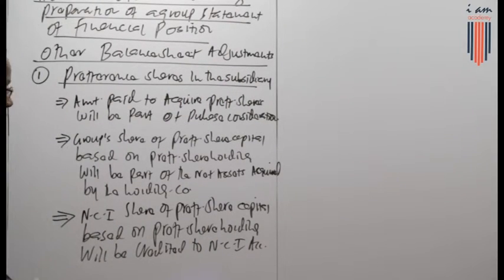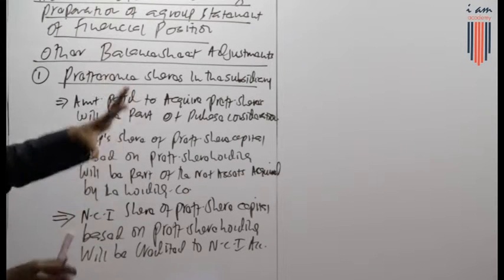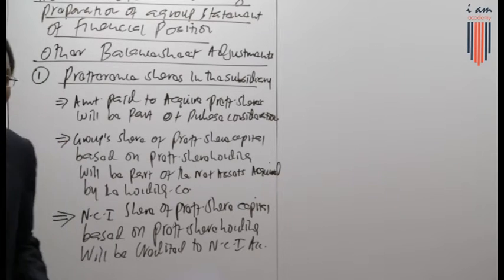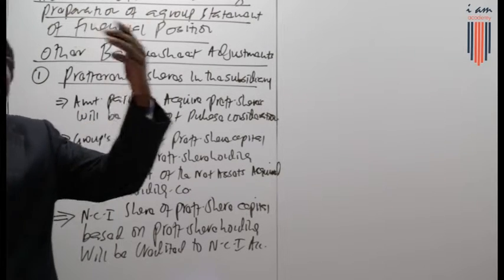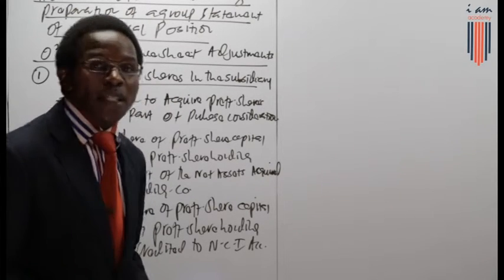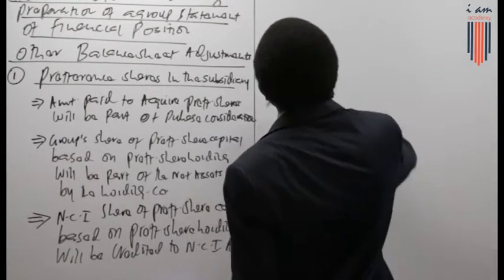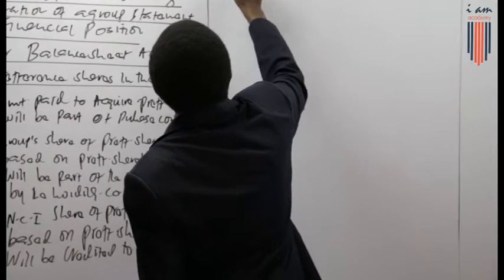But in case it's just preference share capital, fine, no problem. In case of redeemable preference share capital, the NCI share will be recognized as a non-current liability. That's all.